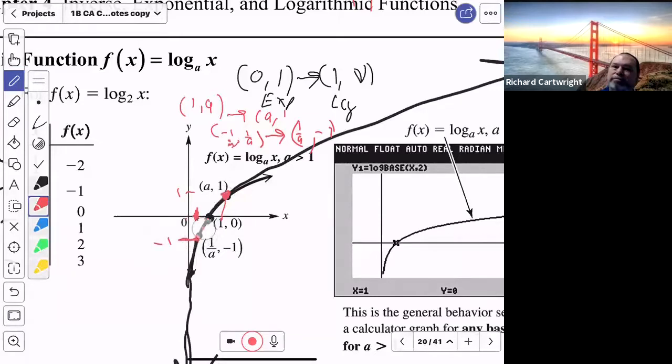So if you have those 3 points on your parent, you can just simply realize that it's asymptotic this way, and then going up this way, it's going to go up and over forever and ever and ever.